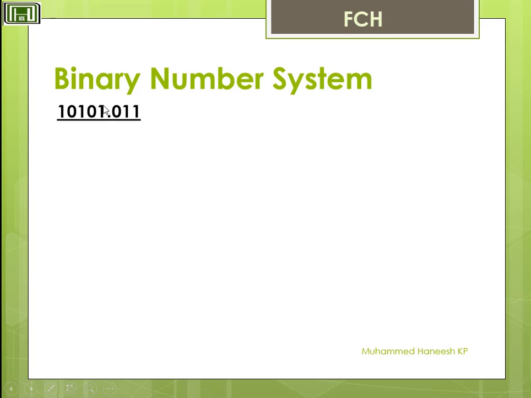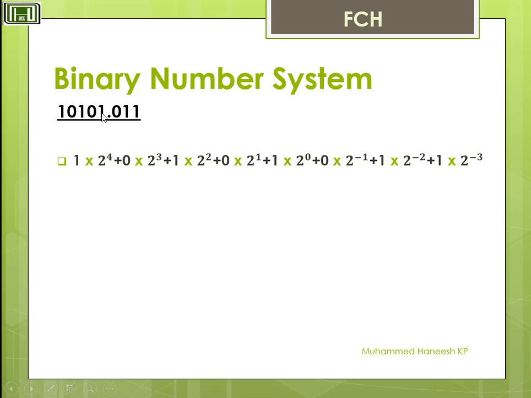You count here from 1 2 3 4 5, so you will get the highest power, that is 4. So 1 into 2 raised to 4, 0 into 2 raised to 3, 1 into 2 raised to 2, then 0 into 2 raised to 1, and 1 into 2 raised to 0 like this.